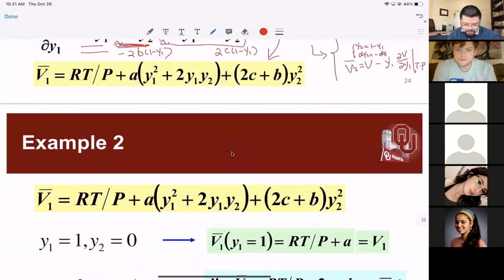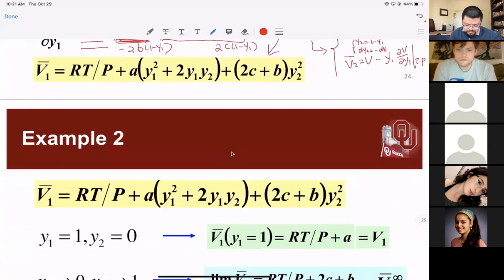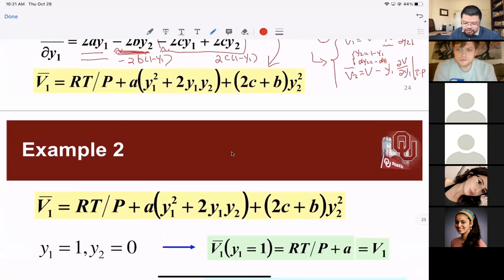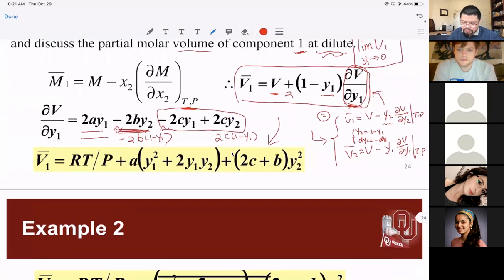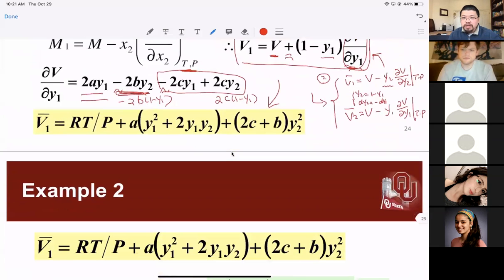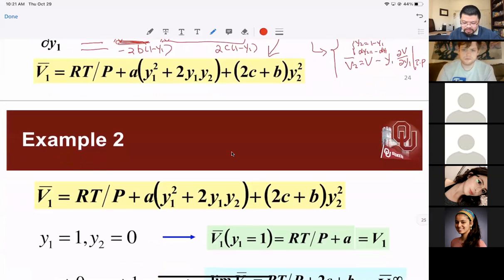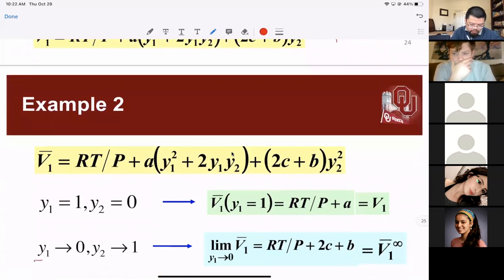Fair enough. So now if we look at this partial molar volume at dilute, like we mentioned, in order to calculate the dilute, we just need to push this y1 to 0. So here we have this expression for the V1 partial.